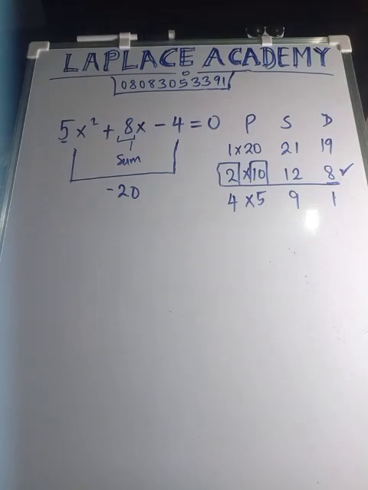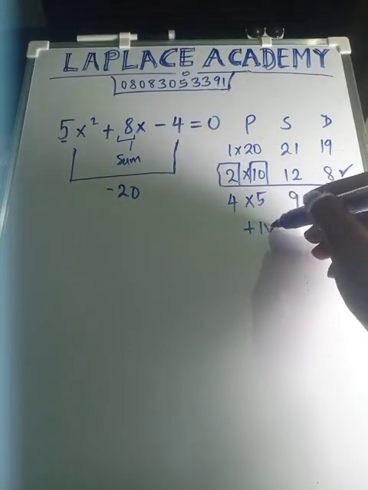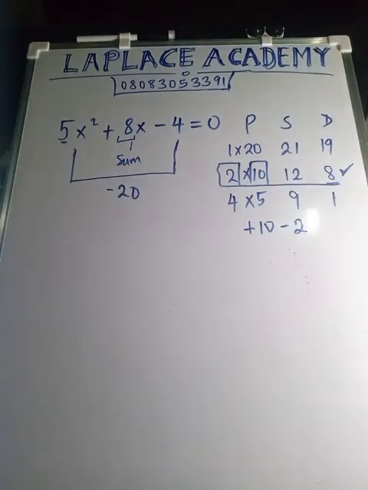So it now leads us, from our knowledge of directed numbers, to put signs on these 2 numbers so that when we execute the signs, we have plus 8. That shows it's going to be plus 10 minus 2.